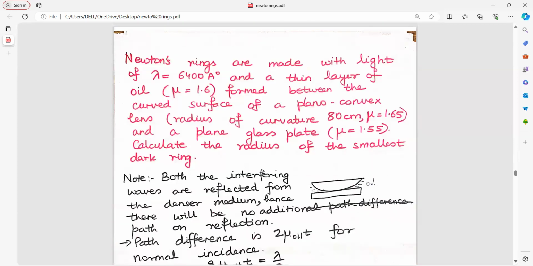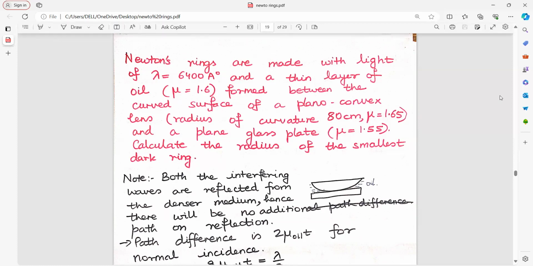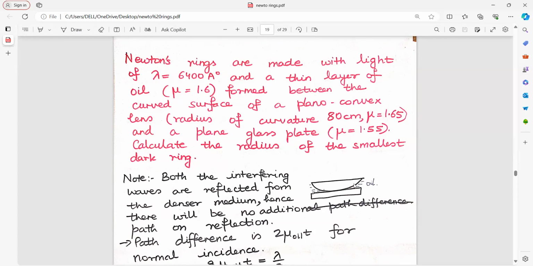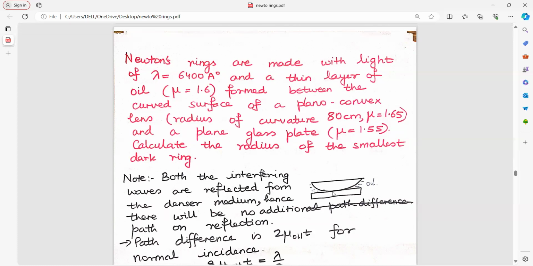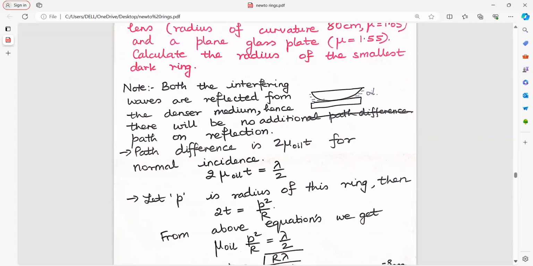You simply get the answer. Newton's rings are made with light of this much wavelength and a thin layer of oil formed between the curved surfaces. Now calculate the radius of the smallest dark ring. See, both the interfering waves are reflected from the denser medium. Why? Because here there is oil. Oil will be denser, glass will be denser, no case of air, hence no additional path difference on reflection. Now, the formula you will use is for normal incidence, path difference 2 mu t equal to lambda by 2.